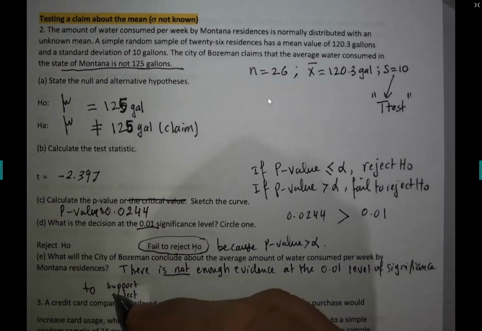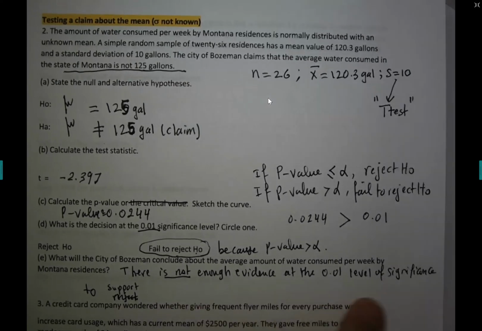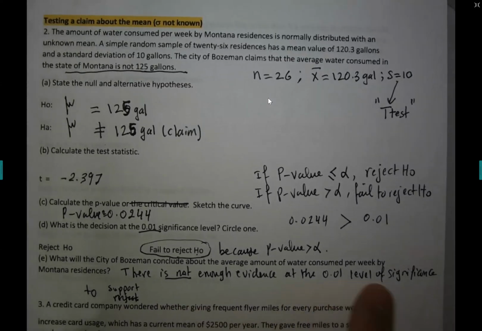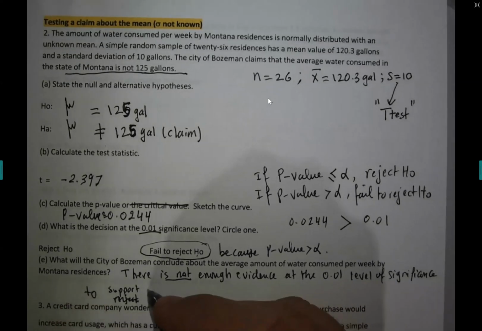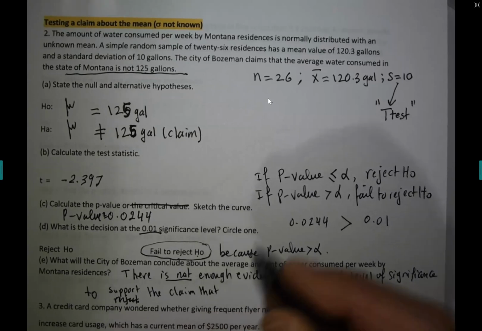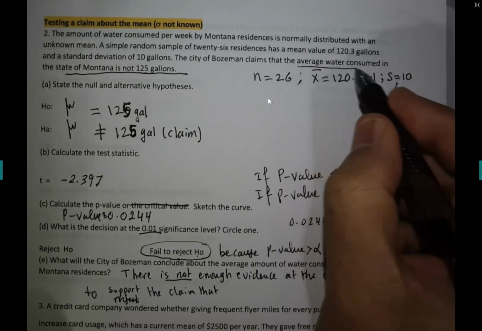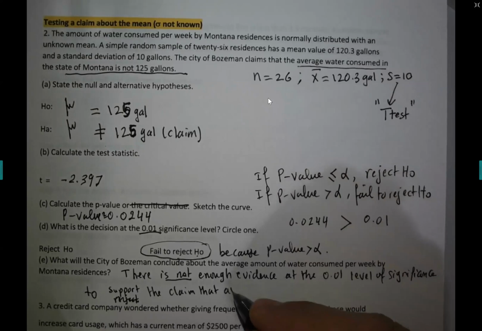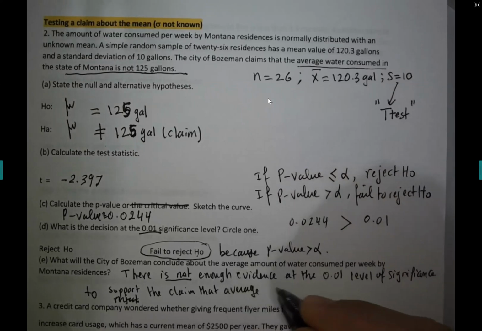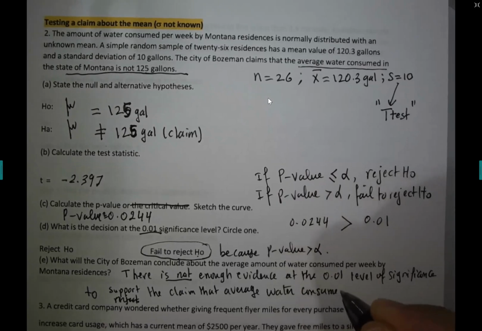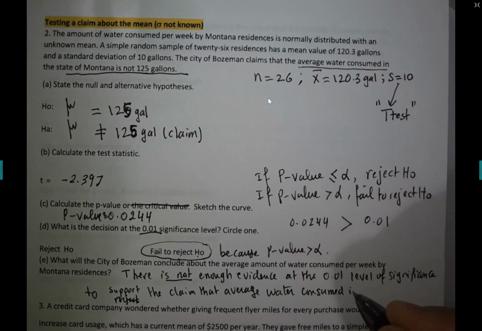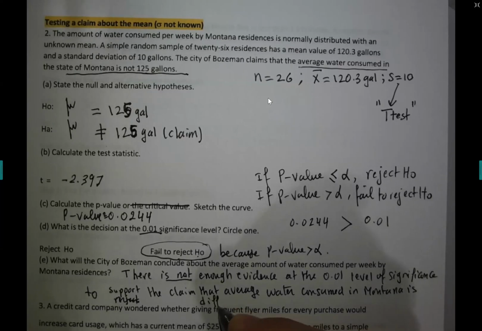So there is not enough evidence at the 0.01 level of significance to support the claim that, and just copy it and paste it, guys, the average water consumed in Montana is different from 125 gallons.